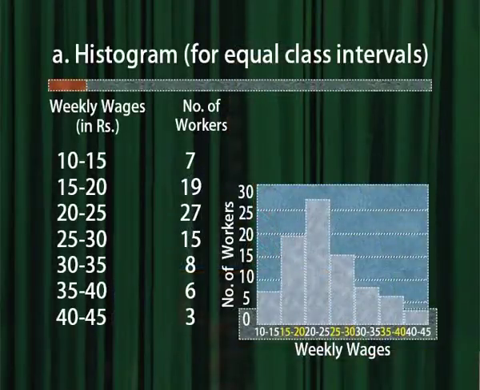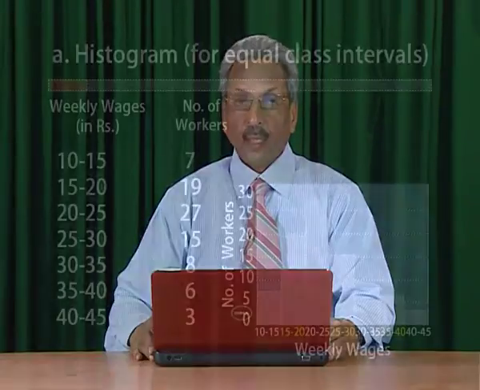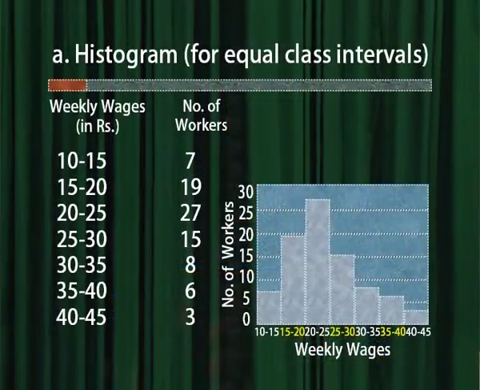The width of each of these rectangles is the same as the lengths of the classes are the same, but the heights of these bars are proportional to the frequency of each class. This way we plot the histograms, and we can see that these histograms give all the information available in this statistical table.